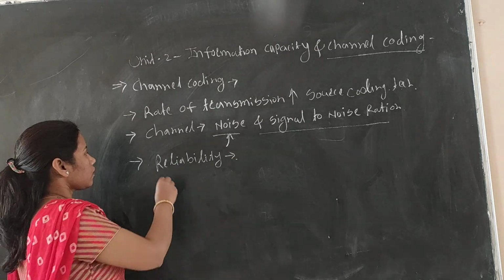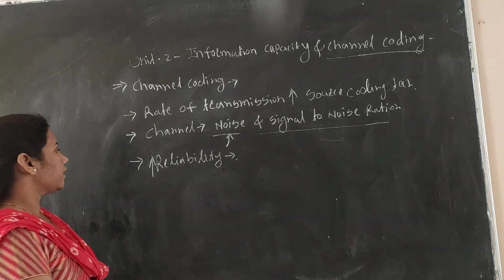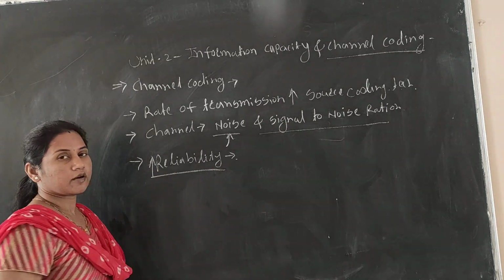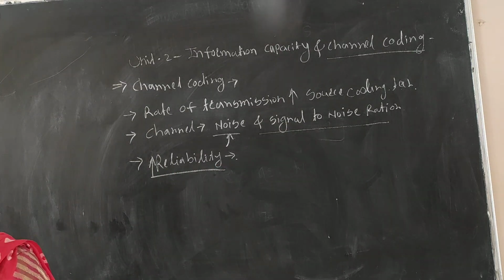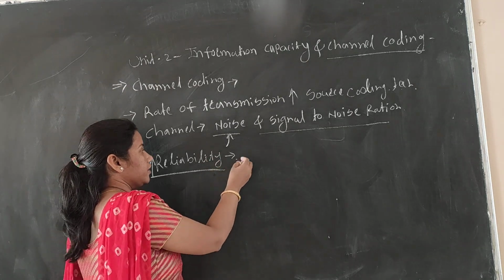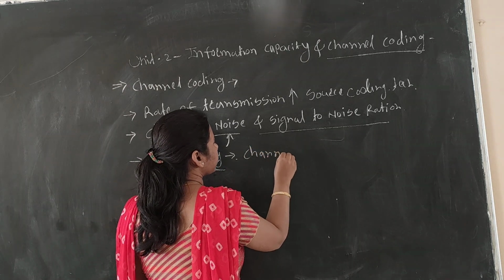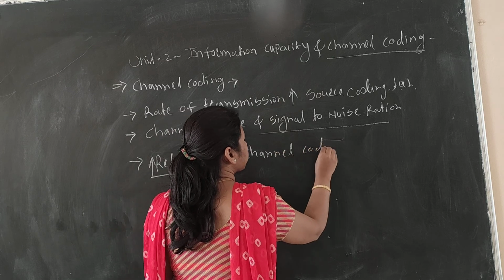So we have to discuss how we can increase the reliability of the communication channel. Reliability can be improved by channel coding techniques. When we want to improve the reliability, we have to go for channel coding techniques.